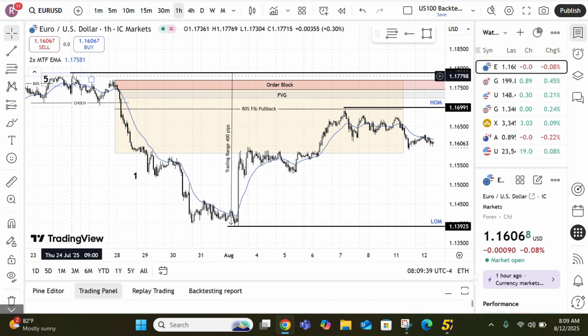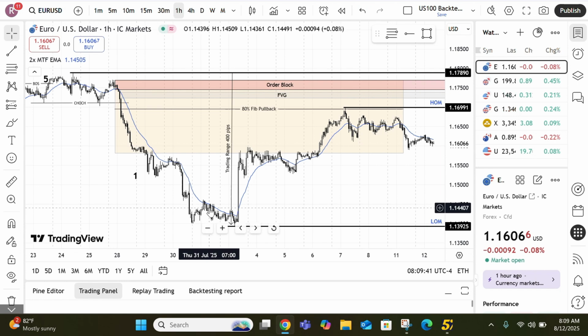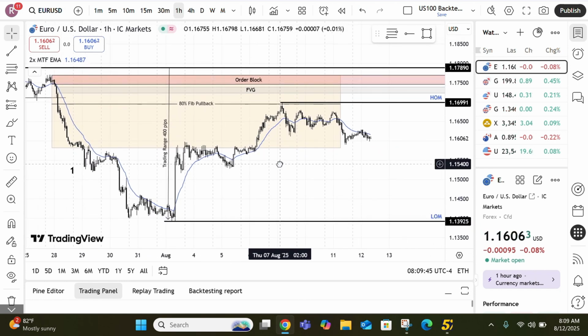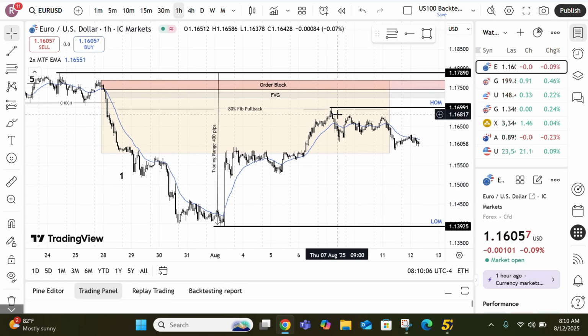And right now, trend is in a potential unconfirmed downtrend. So I'm looking for opportunities to sell. The EA is programmed to do just that.